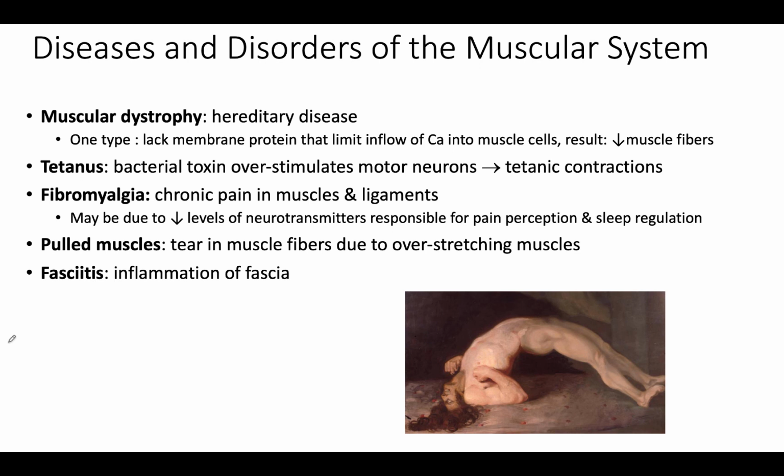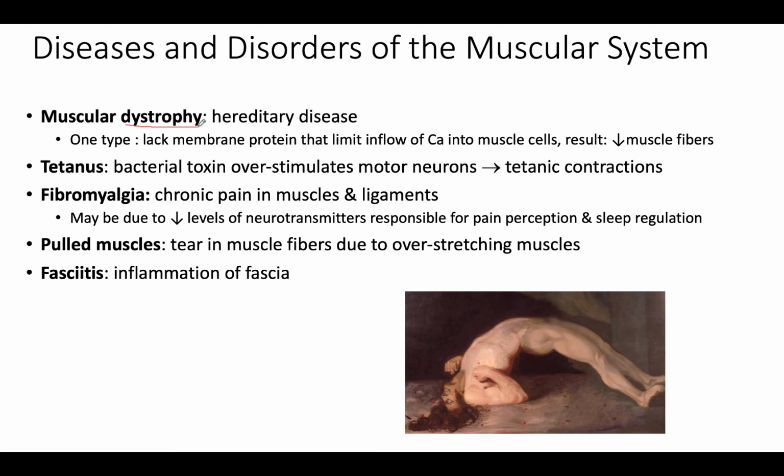Muscular dystrophy. Now that one is very interesting. What happens here is it's hereditary, unfortunately. And what ends up happening is dystrophy is deterioration of the muscle. The muscles start to break down and disintegrate.